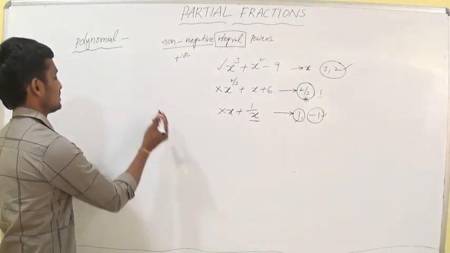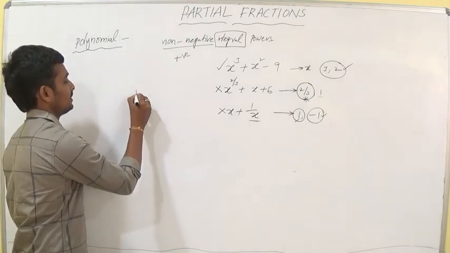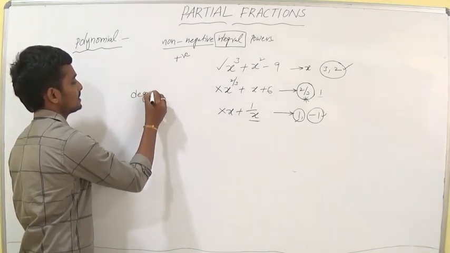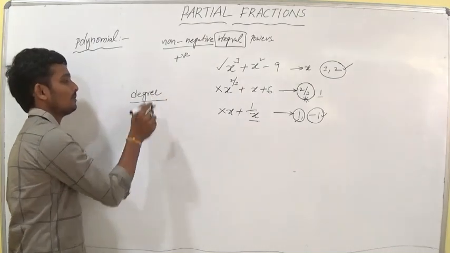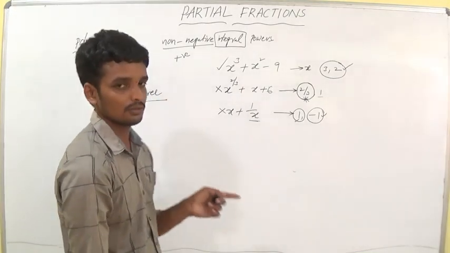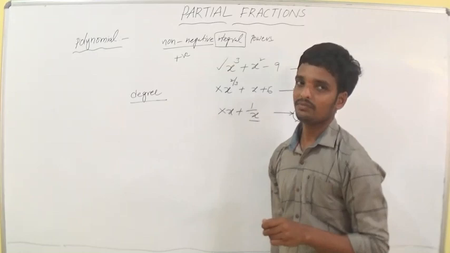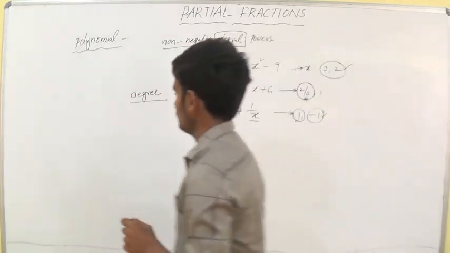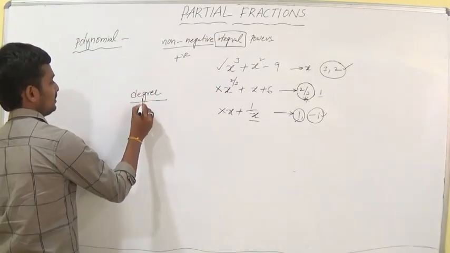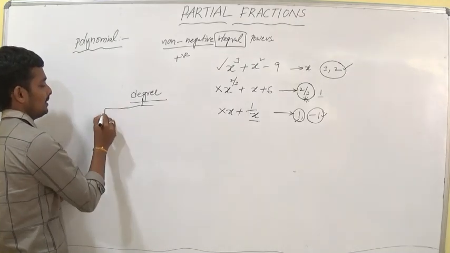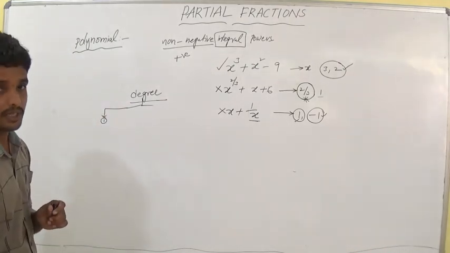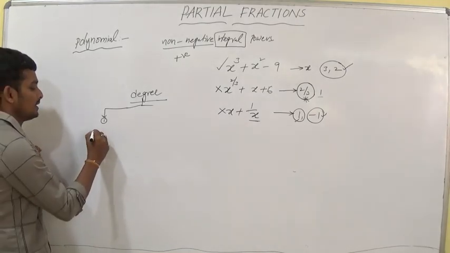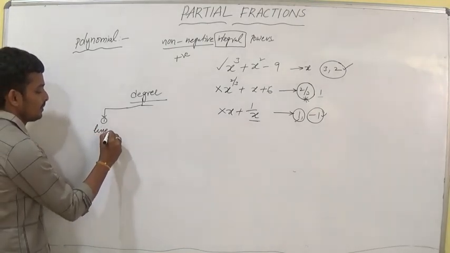Polynomials are classified by their terms and degrees. We know very well about the types of polynomials according to their degree. If the degree of a polynomial is 1, then the polynomial is called a linear polynomial.